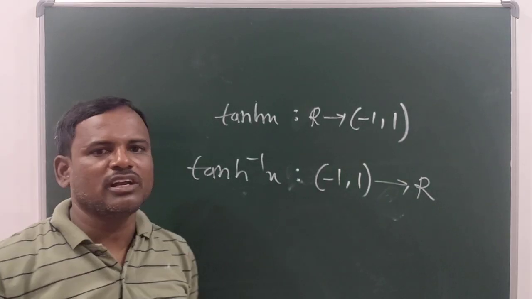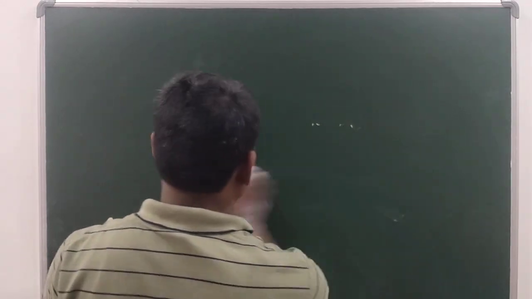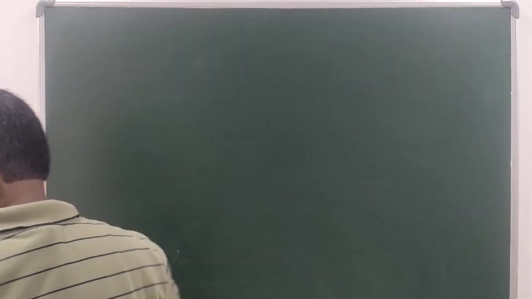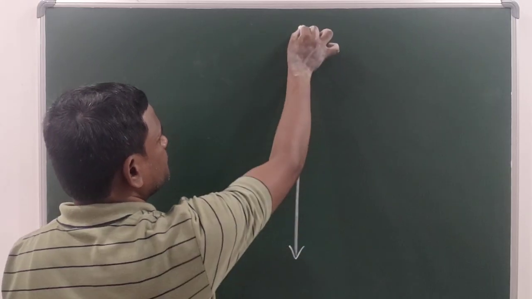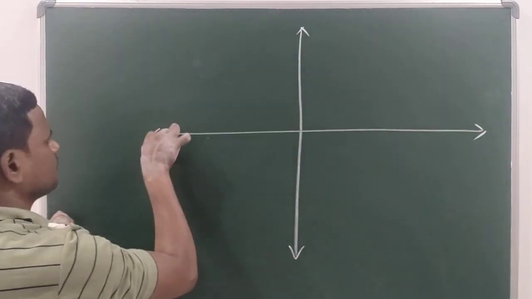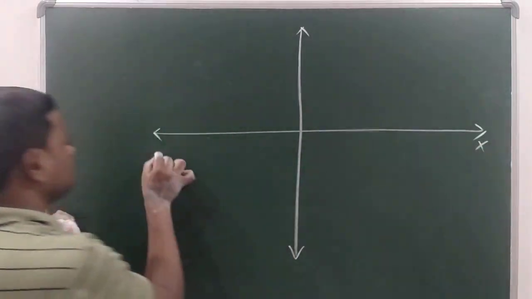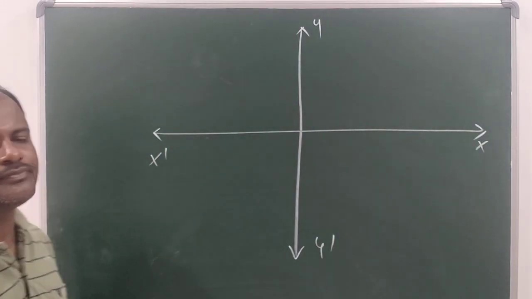Now let us observe the graph of tan h inverse of x. See, how do we get it? See here. X dash, y dash.